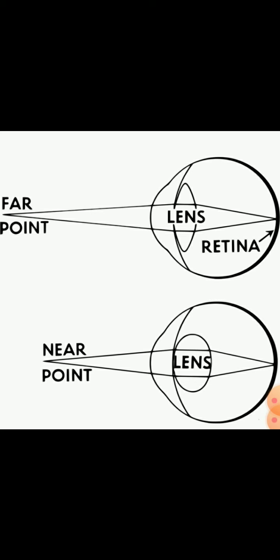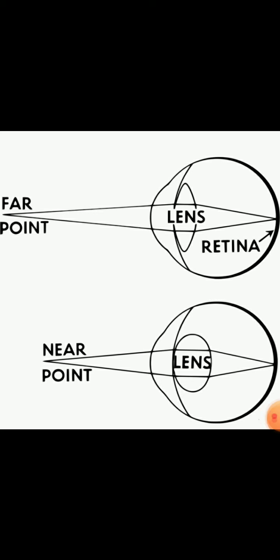Let us refer to the second diagram. When we are looking at objects which are near to our eyes, what happens? Opposite to the first condition, here the ciliary muscles contract. We know what is contraction, right? Contraction means to decrease in size.